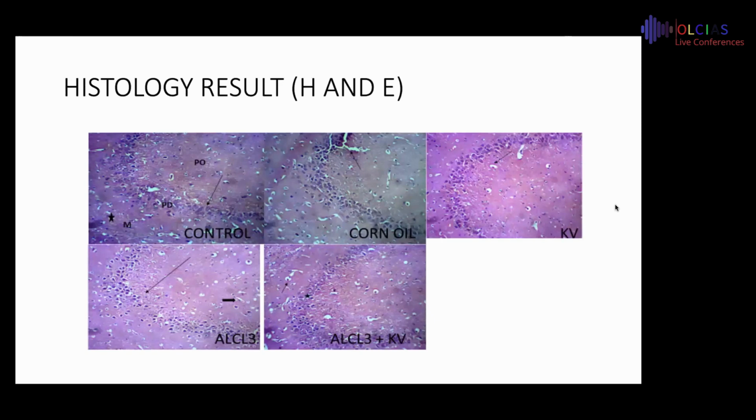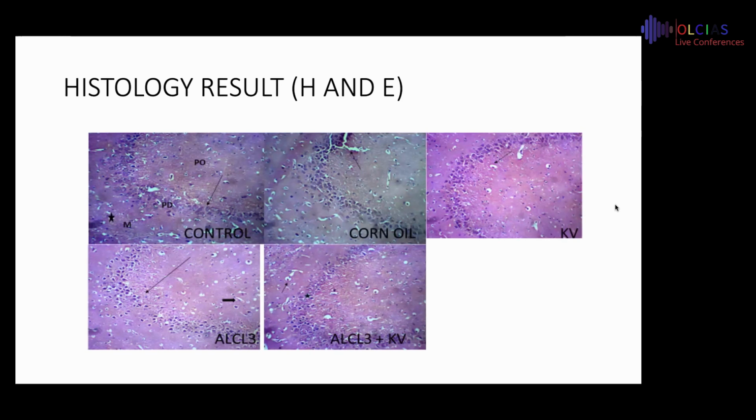Yes, the histology result. Hematoxylin and eosin was used to view the cytoarchitecture of the groups. From the control group, you can see I labeled 3 layers: the PO, the PD, and the M. The PO means the polymorphic layer, the PD is the pyramidal cell layer, while the M is the molecular layer.